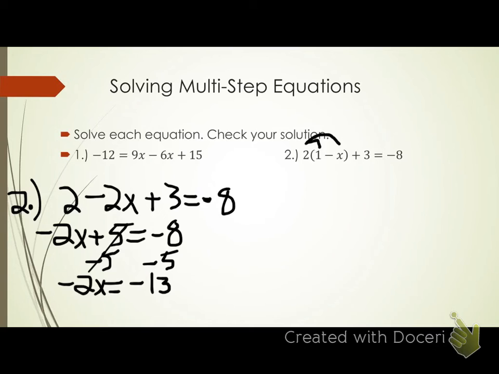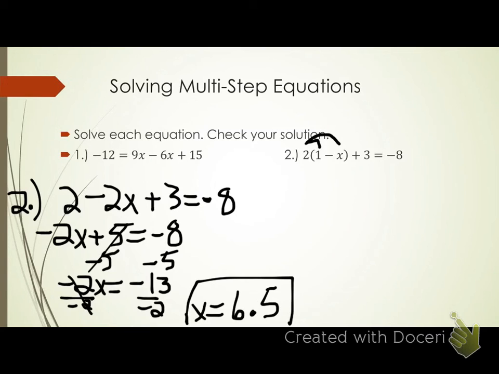And finally, my last step. Divide by negative 2 on both sides. We get x equals what? 6.5. Questions on how we got 6.5? All good there?